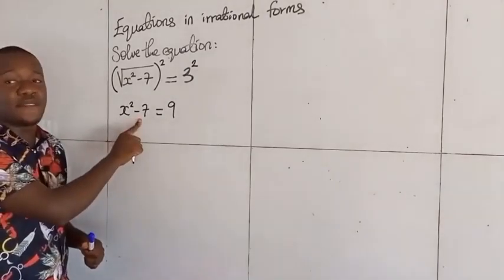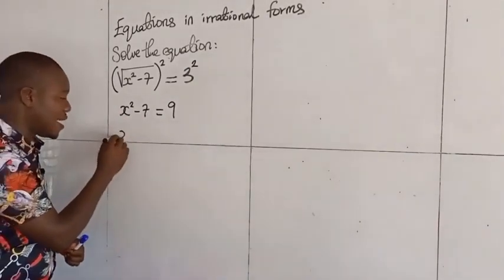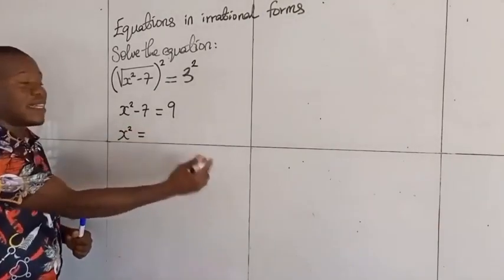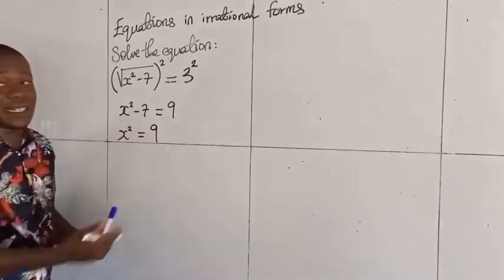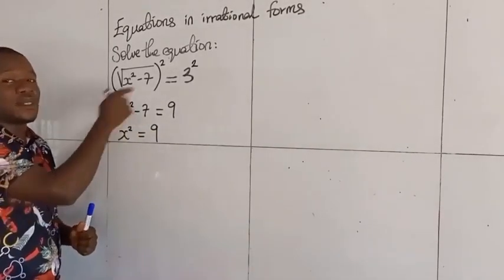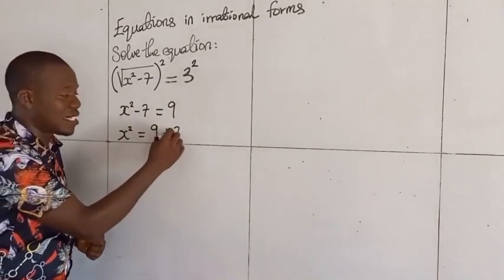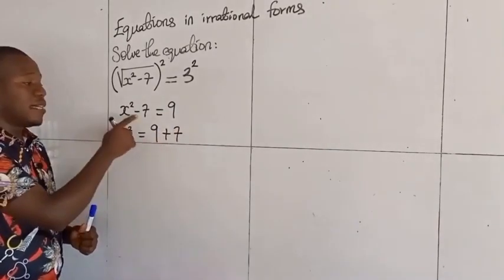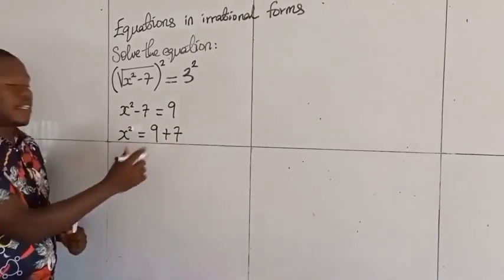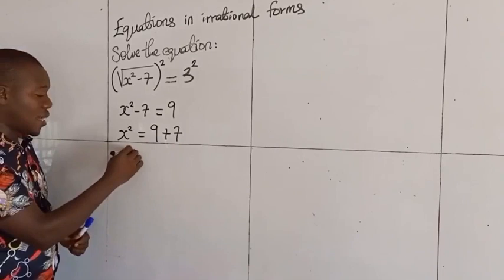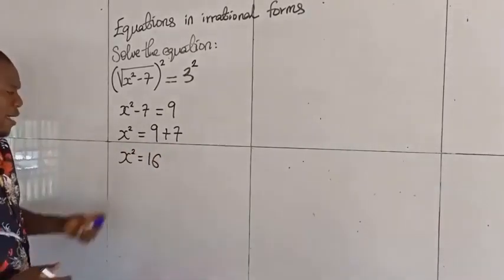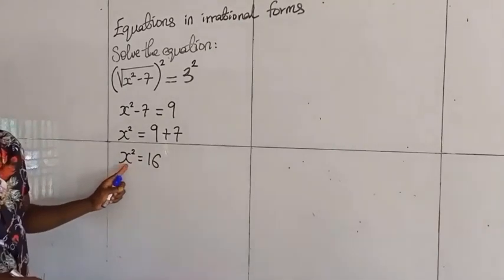I'm going to move it away from here. x squared remains x squared. It didn't move anywhere. It's equal to 9, which was at the right-hand side. It remains 9 at the right-hand side. So minus 7 moves from the left-hand side to the right-hand side. It changes to plus 7. Very important. Minus changes to plus. If it was plus, it changes to minus. So we can simplify this further to have x squared is equal to 9 plus 7, which is what? 16. But mind you, we are looking for x, not x squared.